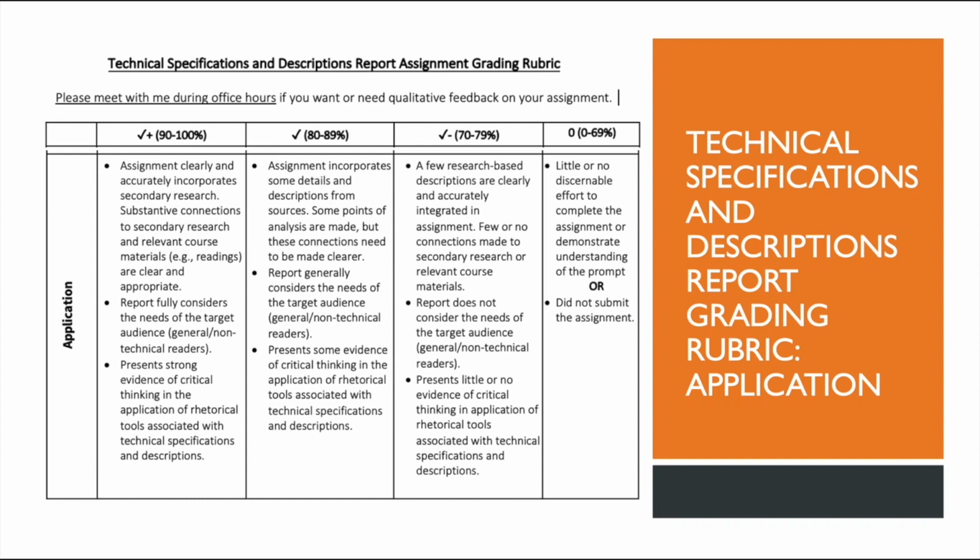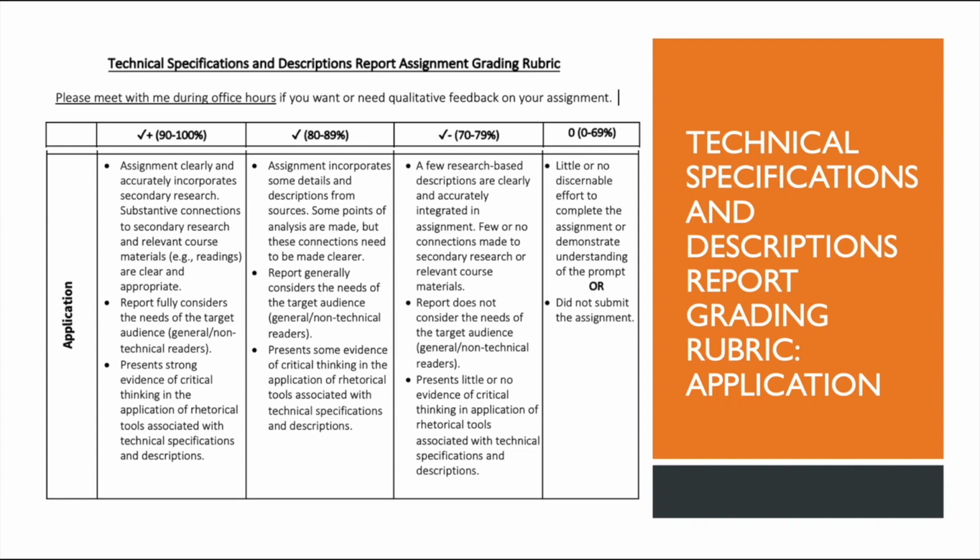You should also include textual signals to show how ideas are connected, using words like, for example, or according to, and then state the author's name or the title of the text. Also, you should credit others' ideas and expertise as you are paraphrasing, quoting, and summarizing secondary research.